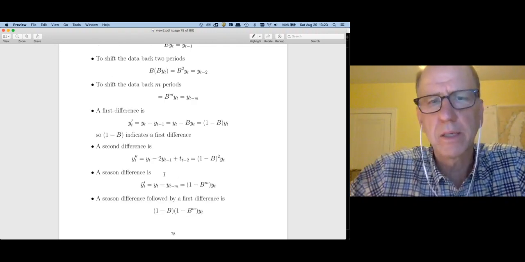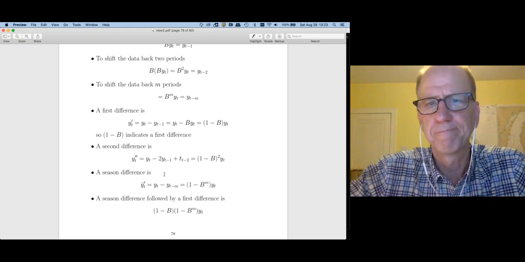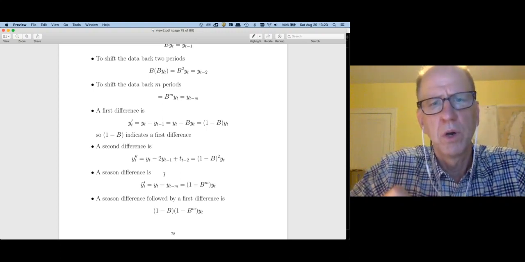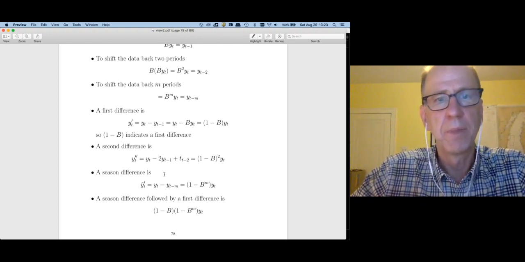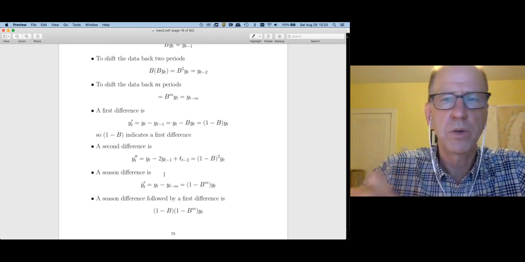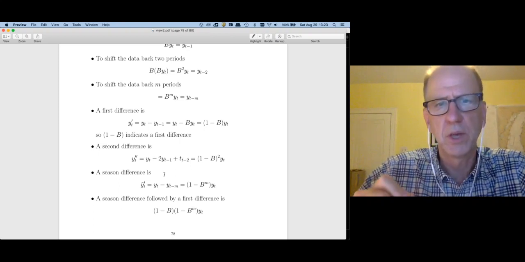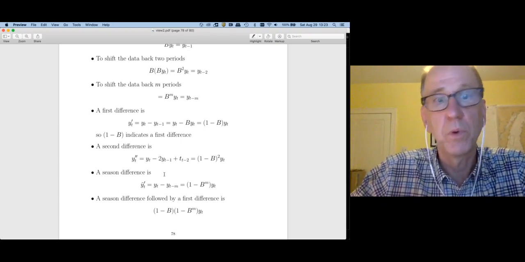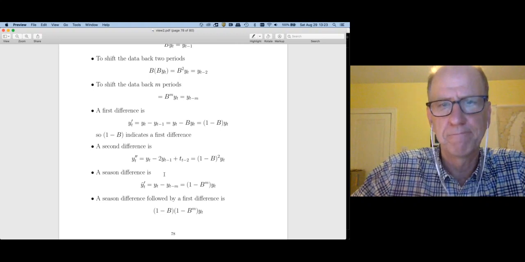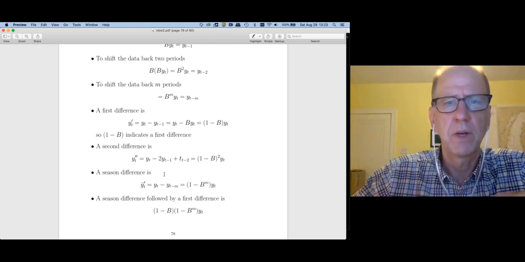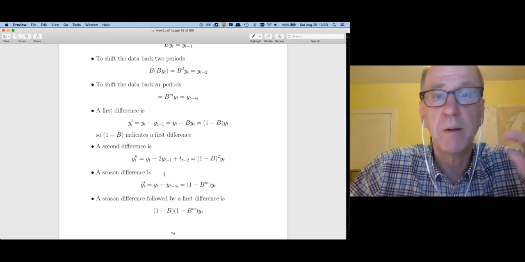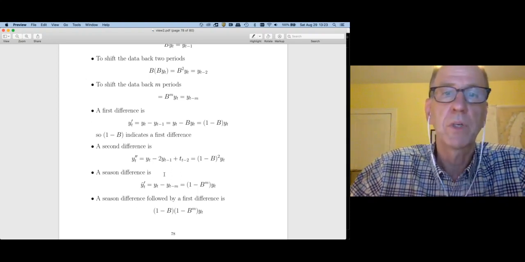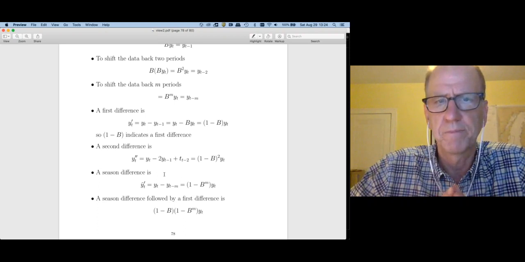Let me summarize the key points in this lecture. So first, we're going to use something called an autoregressive integrated moving average, or ARIMA model, to model autocorrelations between the observations. But in order to do so, we've got to have a stationary data set. There are several ways that we can identify a non-stationary data set. So we can use the time plot, we can use our ACF, we can use some of the unit root tests.